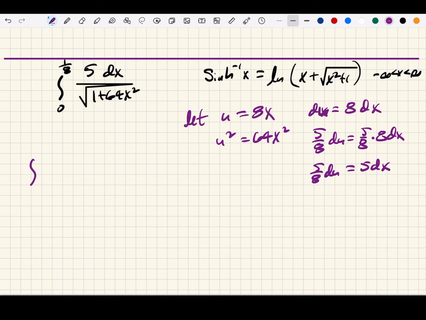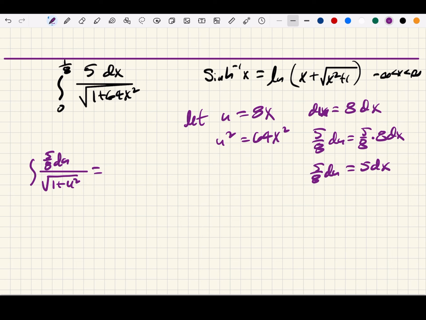the integral, and we won't consider limits at the moment. So what do we have? We have 5/8 du over the square root of 1 plus u squared. And what would be our integral from there?